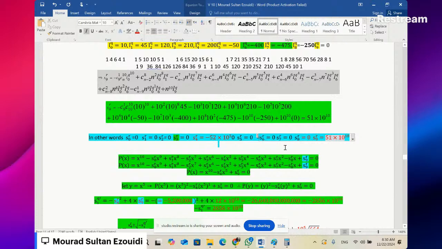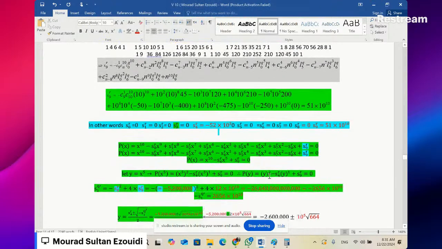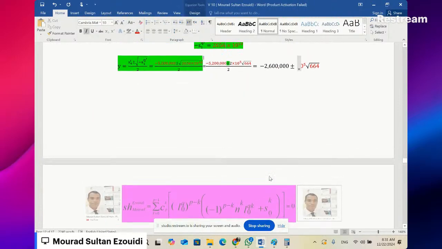All the s subscript k minus 1 are equal to 0 except s minus 1 for q and s4 for the r and s9. I will write this as that. So I will make it, excuse me, I will make it like that.